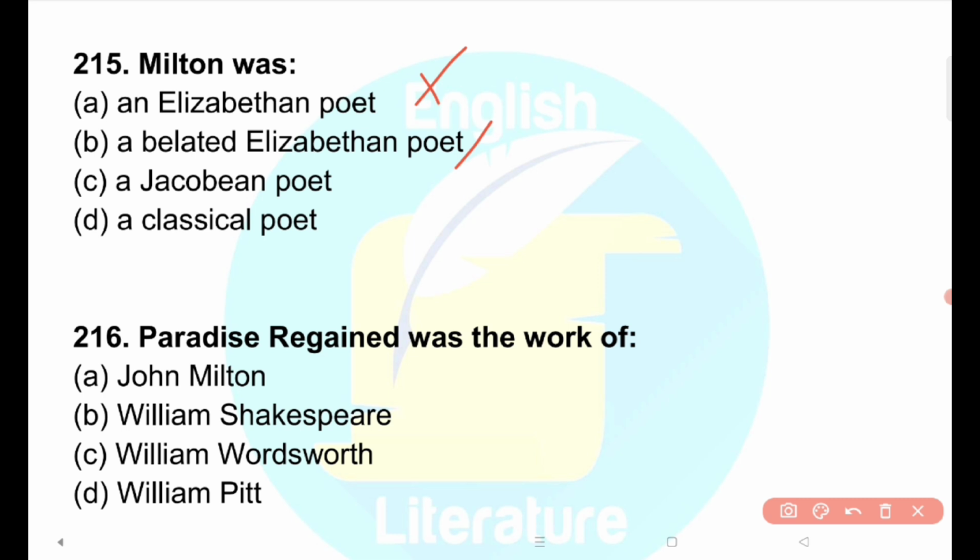Paradise Regained was the work of Option A, John Milton. Paradise Regained, 1671, is a poem by English poet John Milton, first published in 1671. The volume in which it appeared also contained the poet's closet drama, Samson Agonistes.